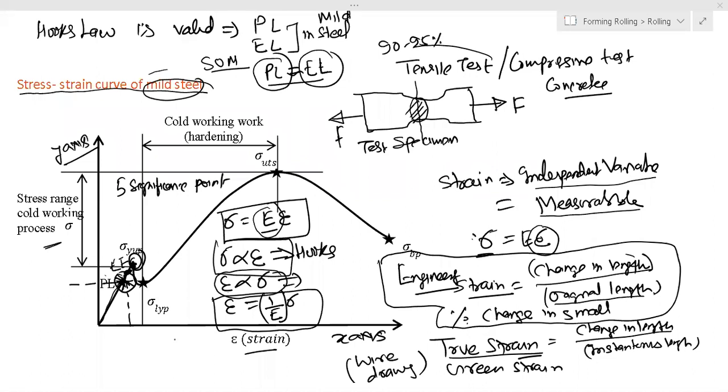So these points are points of significance, points of importance. That's why we are discussing these 5 points in detail. There are infinite number of points, but all are not important, only where behavior of the material is different before the point and after the point.